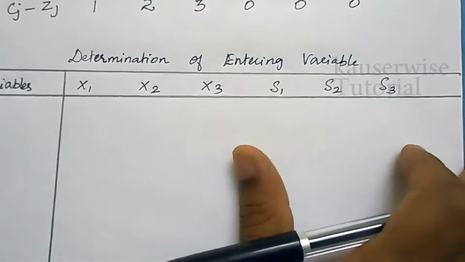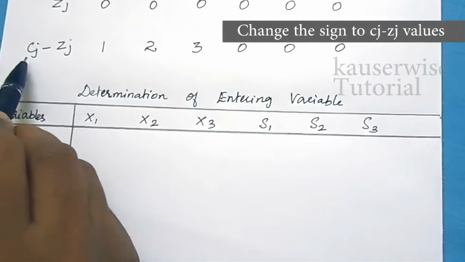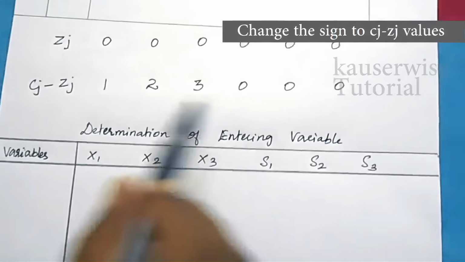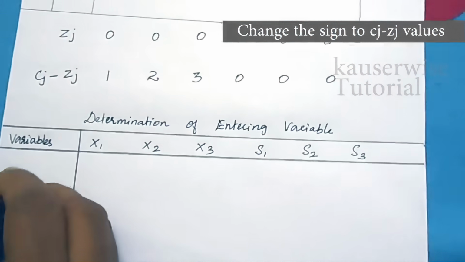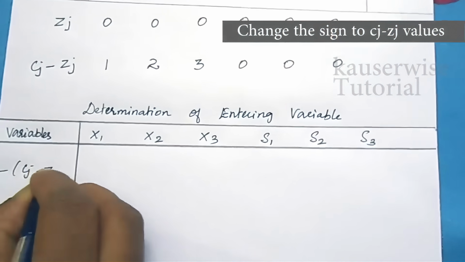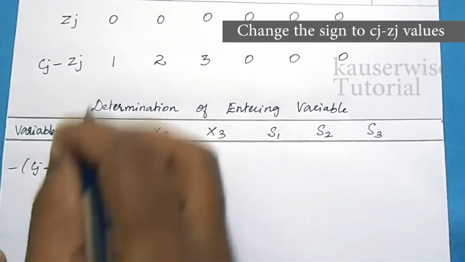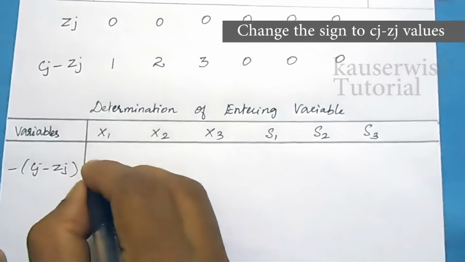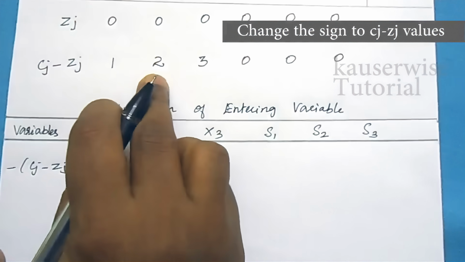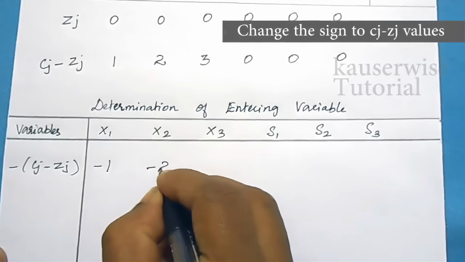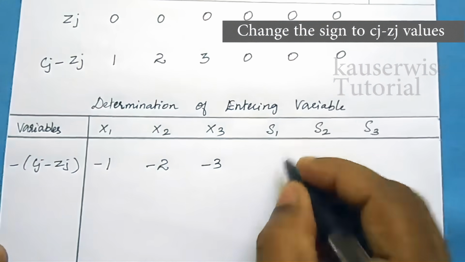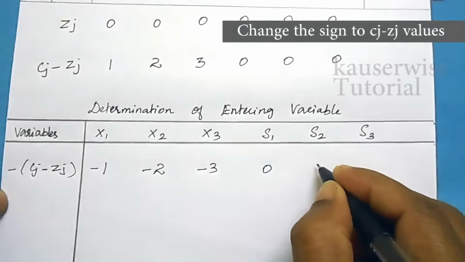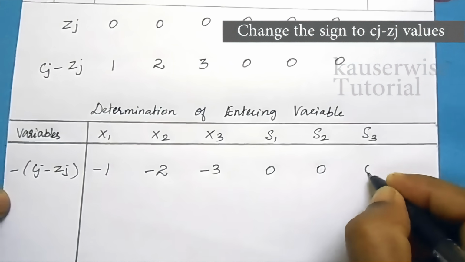First step, take the Cj minus Zj values and change the sign. Here we have got positive values, so take minus 1. For X2, minus 2. For X3, minus 3. All zeros you can write 0 for S2, and 0 for S3 also 0.